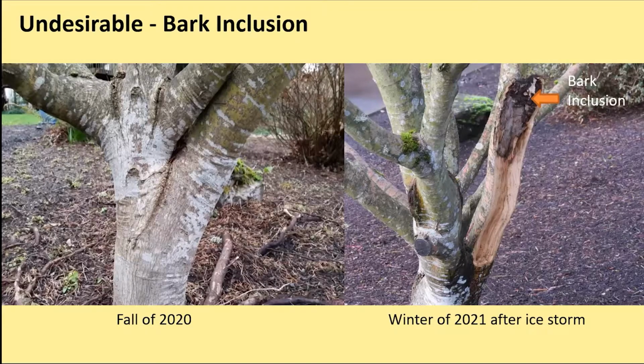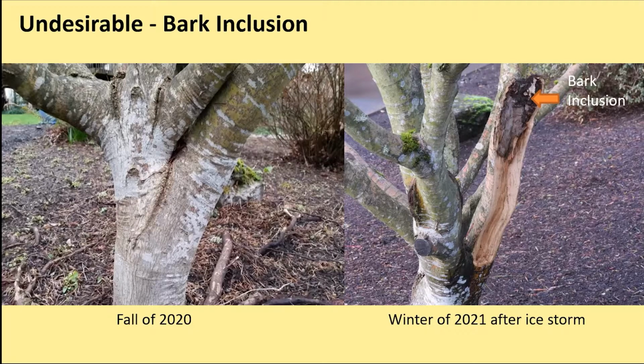So this is a tree in my neighborhood. When you look at the left half, the picture was taken last fall. See how the angles of attachment are super, super narrow? For example, right here and here, these two branches are practically grown together, so there's hardly any angle in between.